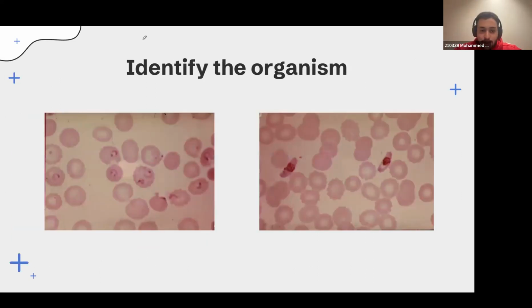Now we'll go into what the organism actually is. Can you tell me what this organism is? Falciparum. Good. Now, falciparum, let's go through this. In this RBC, first, this is thin film, obviously, because you can actually see. What do we say about this feature?